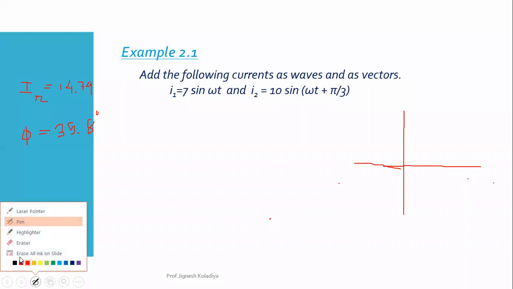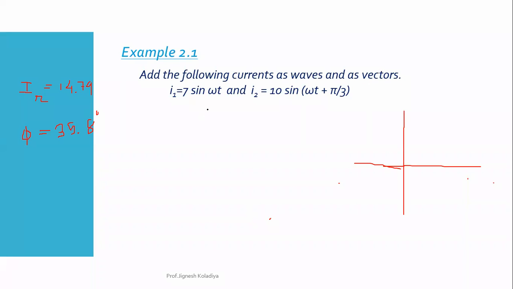The first vector is lying on the x-axis only because an angle is not given. You can see only omega t plus 0. That means Im1 is the vector lying on the x-axis and its magnitude is 7.